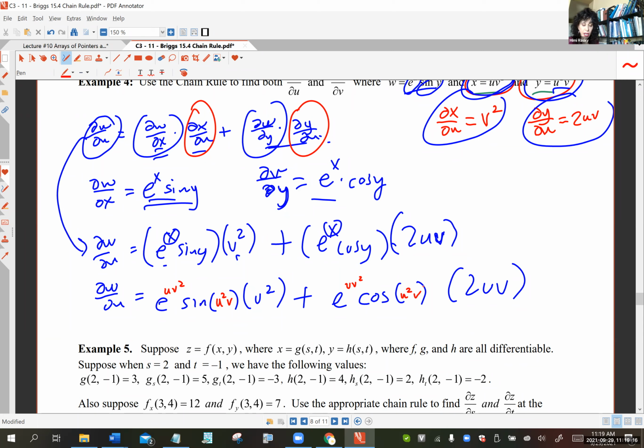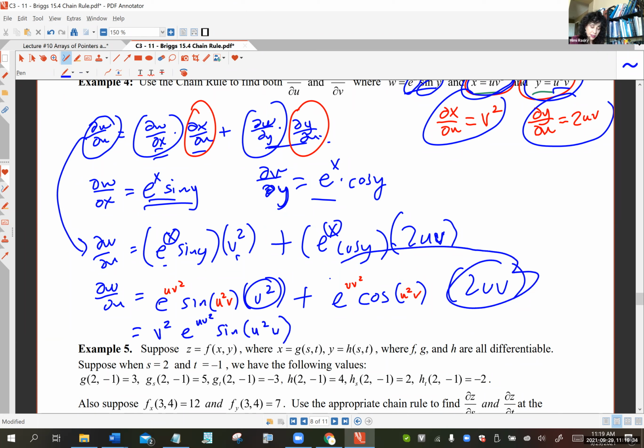And you're pretty much done, but I would really appreciate it if you follow the mathematical custom, and any coefficients and polynomial factors should go in front. So right there, it'd be nice if you move the v squared in front of the exponential like that. And then here, bring the 2uv in front, just because that's tradition. And it looks much prettier and easier to read.